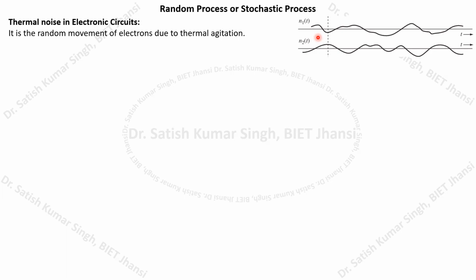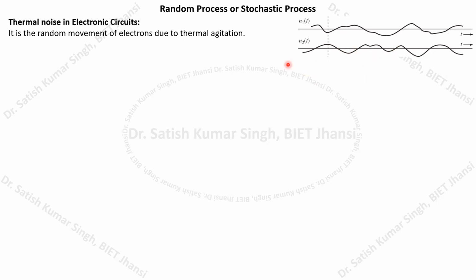Such characteristics are the statistical characteristics of the random signal. But the time domain waveform will be quite random, and you can't find any correlation between the two signals, n1(t) and n2(t).